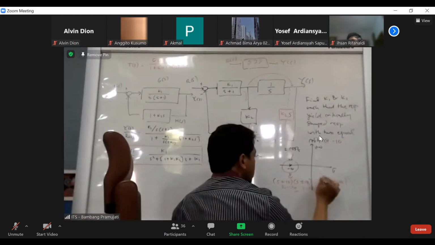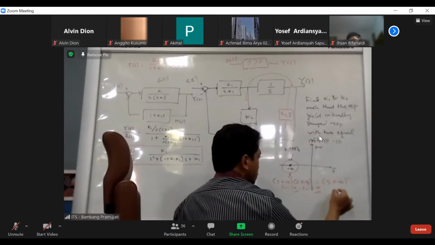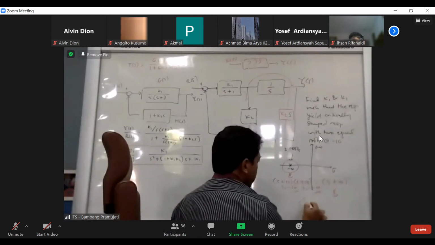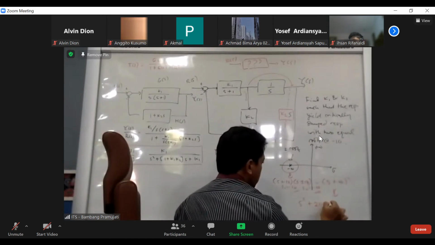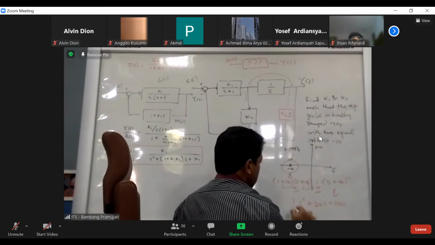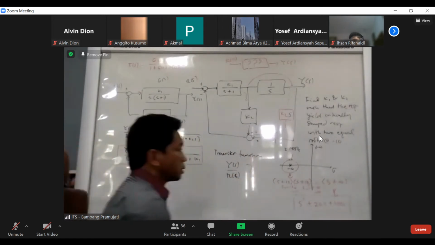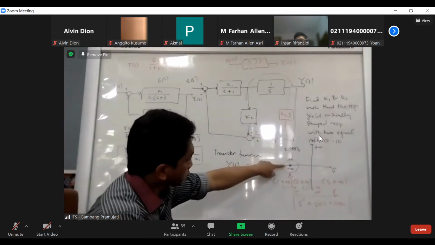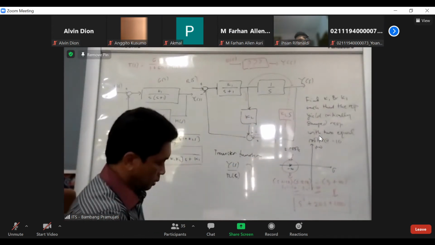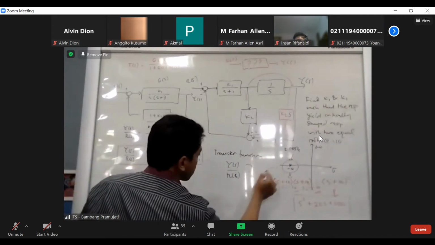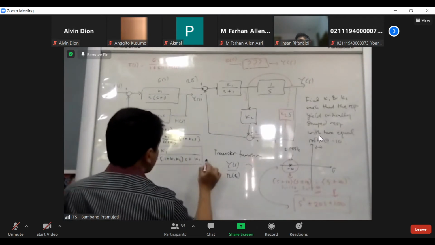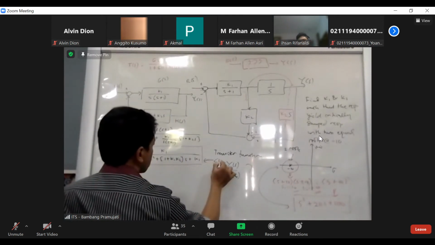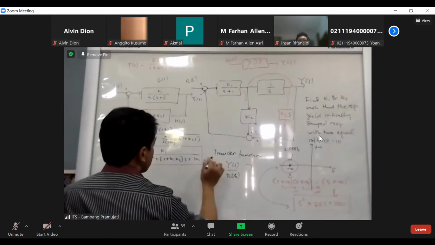Therefore, this is the equation we are going to look for: s squared plus 20s plus 100. This is the equation we have to have in order to have two equal roots at minus 10. This is the characteristic equation, the lower one.